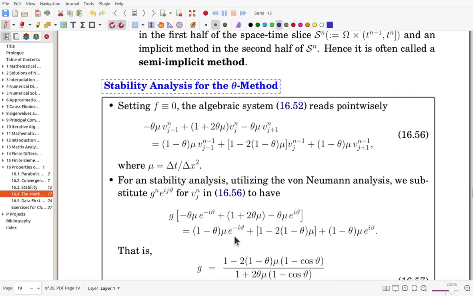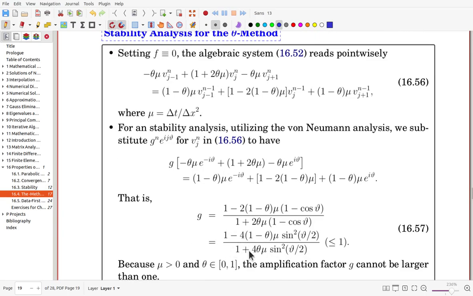And we can further simplify, and we can reach this equation. The amplification factor is given in this way. Now, mu is positive, and theta is chosen from this interval, so that is positive, that's negative. So here, this is always bounded by 1.